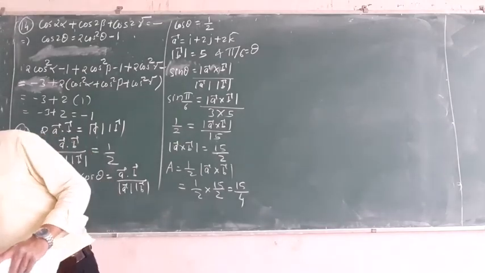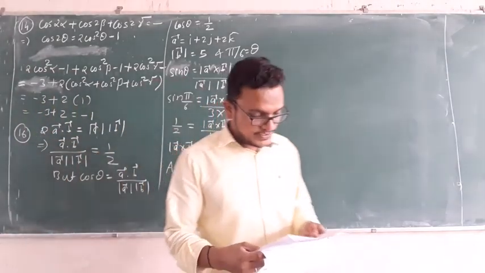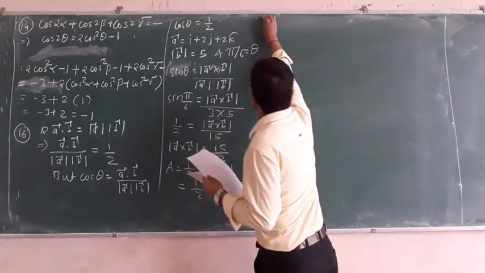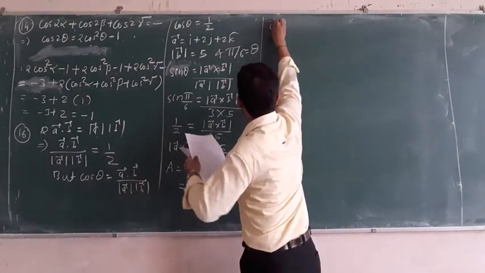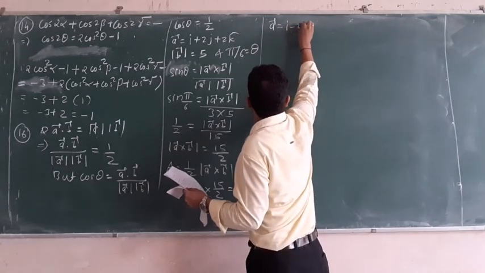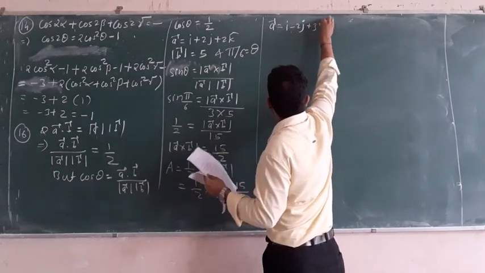Okay. Next question, question number 18. Let vector A be i minus 2j plus 3k.